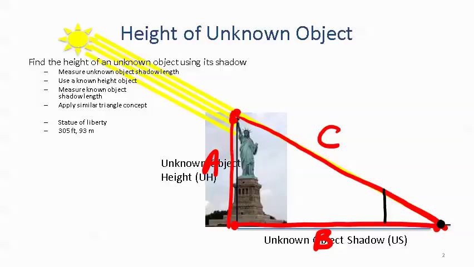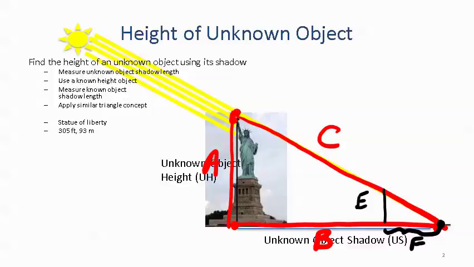We also know the height of the stick. Let's call it E. If we can measure the distance from where we place the stick to where its shadow is, let's call that F, then we should be able to use this information to find the height of the unknown object.